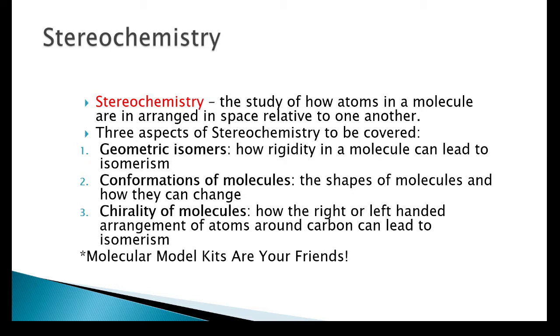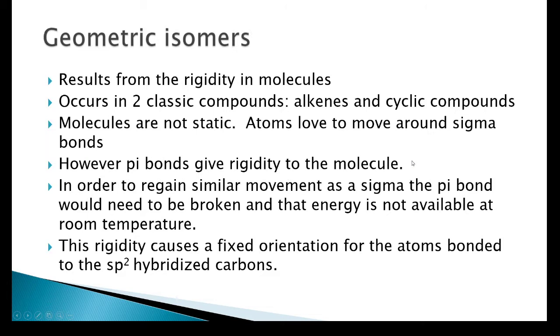Geometric is how they are oriented in space. Conformation changes: the shape of the molecules can shift and move based on the bonding. And chirality is about carbons that have four different things attached to them, which causes an arrangement, and we'll talk all about that in the future.